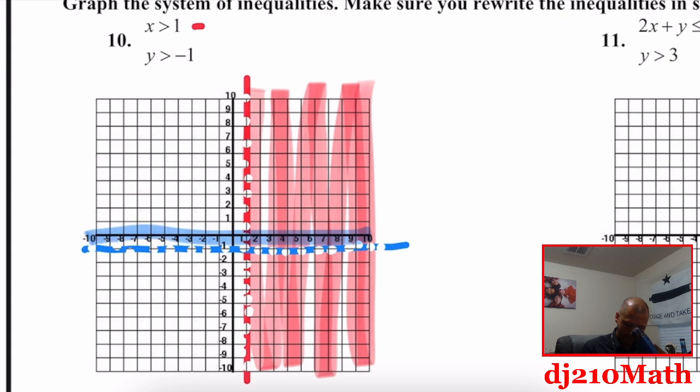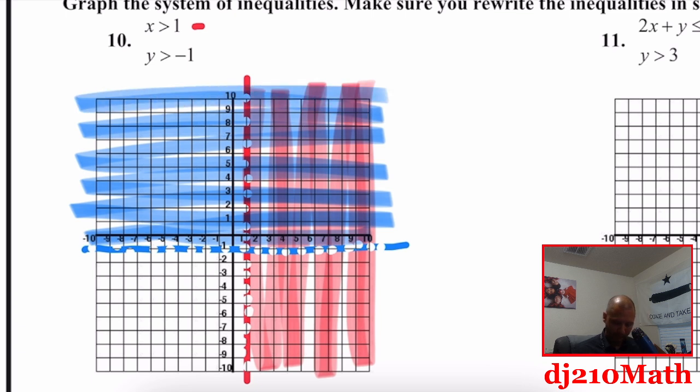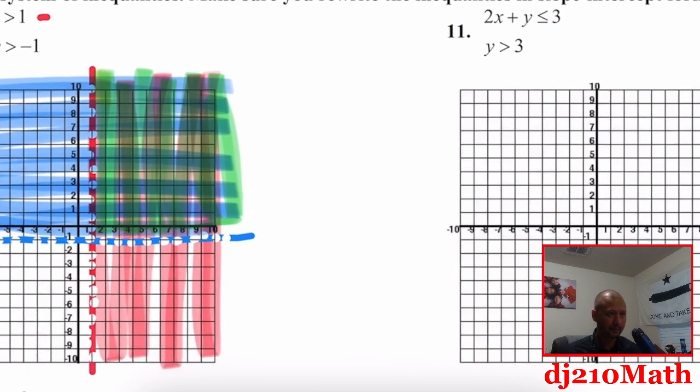So we're shading above. Okay, so notice that the solutions aren't on the dotted line, but they're in the overlapping area. So the overlapping area, this darker area right here, not including the dashed lines. So there it is. All right, let's do better on that one next.